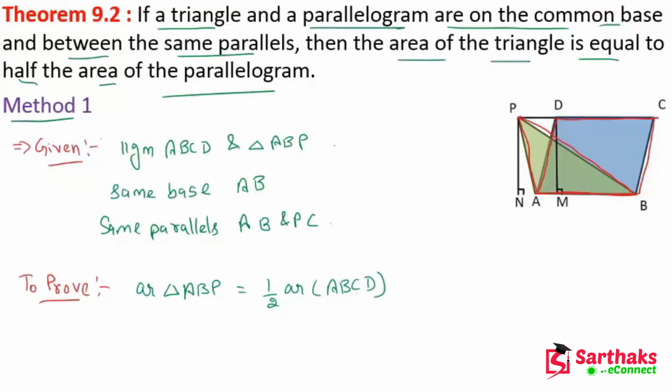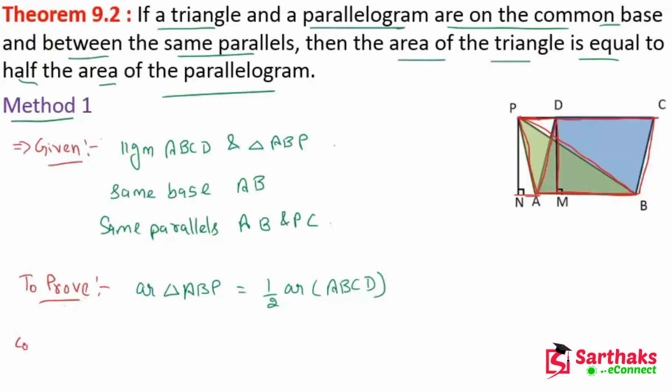Now first of all we have to do the construction. First of all, join DP. We have to draw PN perpendicular to AB, and we have to draw DM, which is also perpendicular to AB.